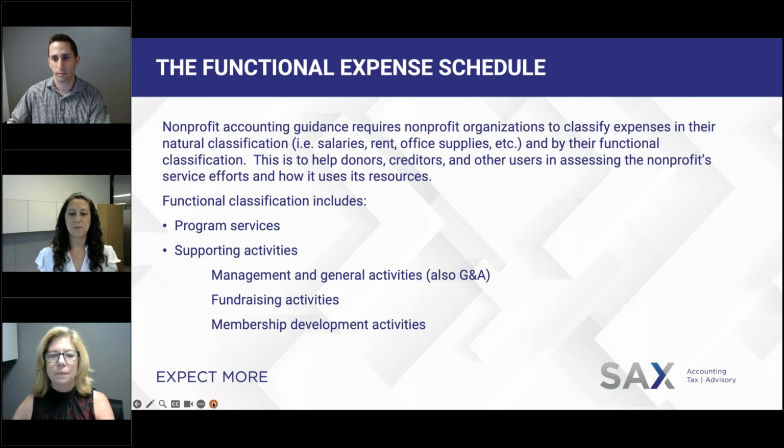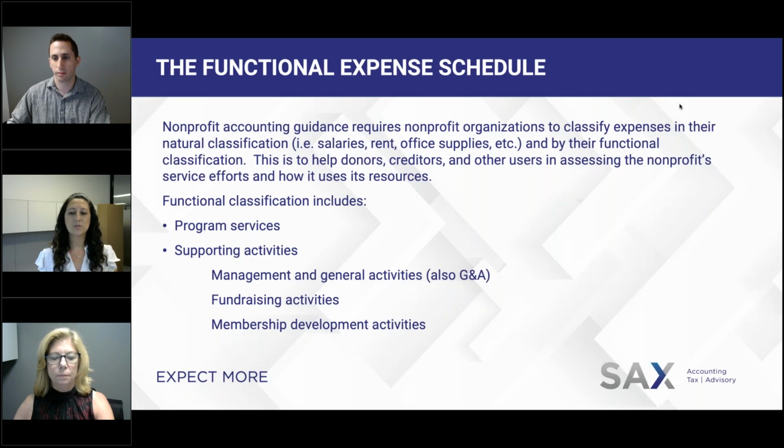And functional expenses, that's in the categories of program services and supporting activities. Supporting activities have a few categories below there. So that includes your management and general activities, also known as your G&A. There's fundraising activities, and then there's membership development activities as well.